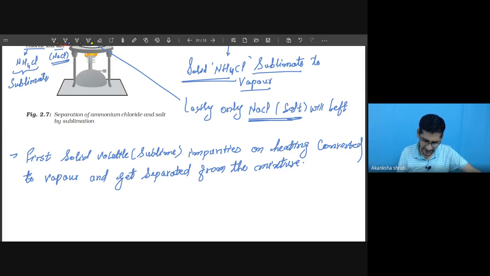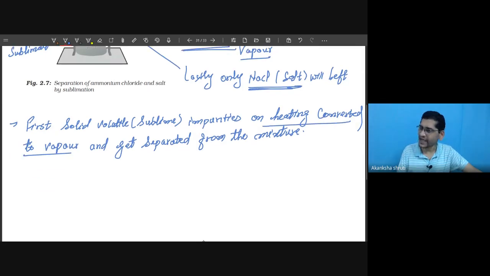Then whatever vapor is obtained by heating is condensed back, meaning it is again sublimated back into the solid. Yes, it is also called sublimation, not solidification. Solidification is the conversion of liquid back into solid. So this reverse process is also sublimation.